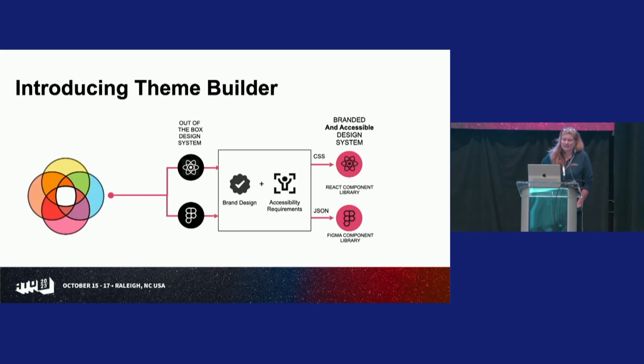So introducing the concept of Theme Builder. What we did with Theme Builder was we thought, what if we all worked together, designers and developers, and we figured out a way to build the logic of accessibility into the core of our components.